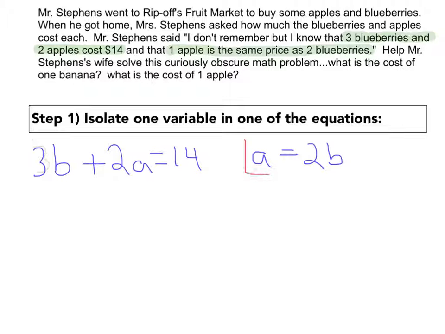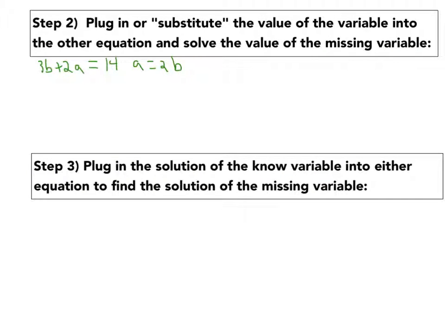Okay, we have 1 apple is equal to 2 bananas. Step 2, plug in or substitute the value of the variable into the other equation and solve the value of the missing variable. Okay, so we know that 1 apple is equal to 2 bananas.